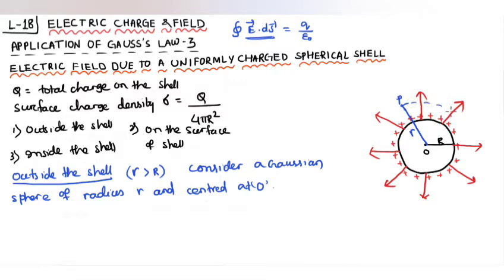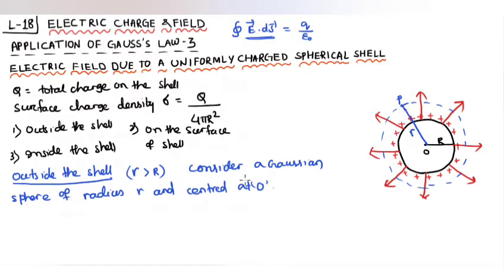This is the Gaussian sphere, and this Gaussian sphere has a radius small r, and the center of this Gaussian sphere is at the point O. So definitely the point P will lie on the surface of the Gaussian sphere.